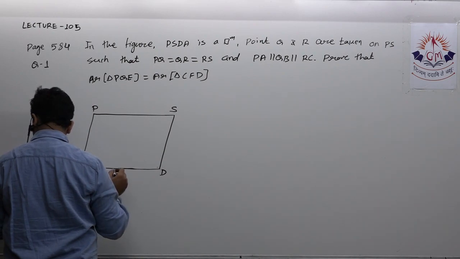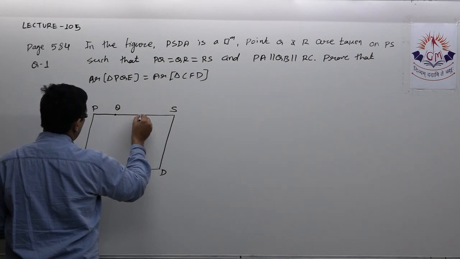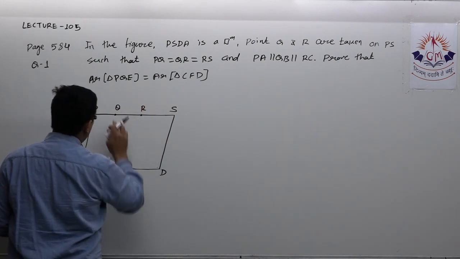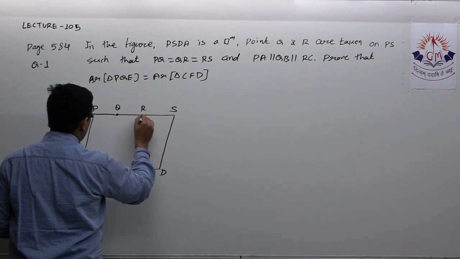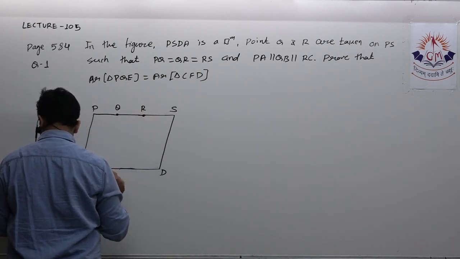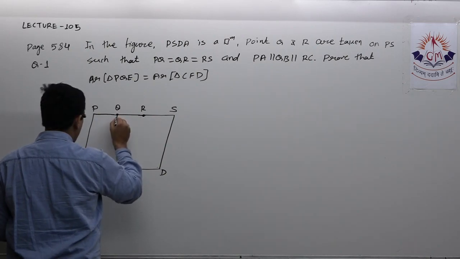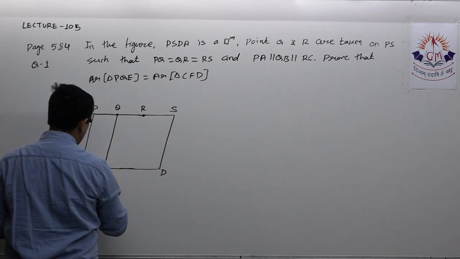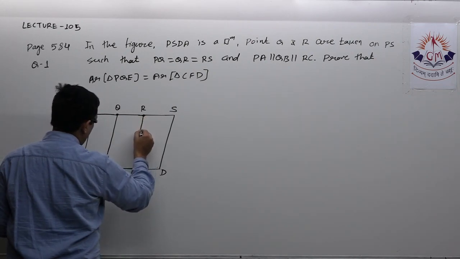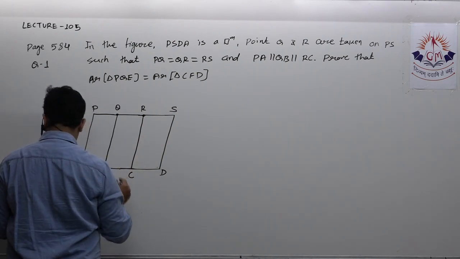Okay, and PQ is equal to QR is equal to RS, as well as PA parallel to QB, QB parallel to RC.